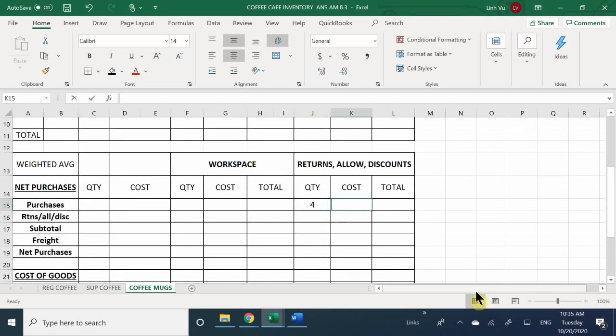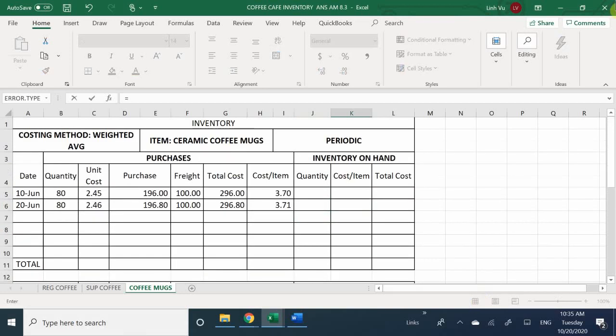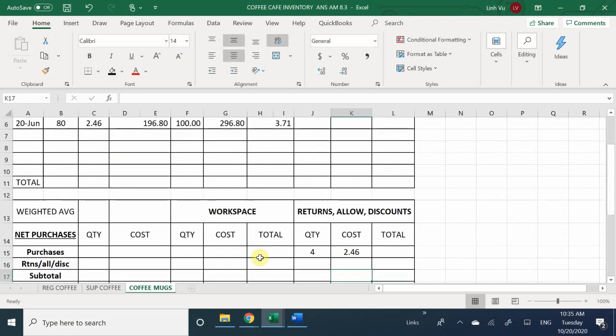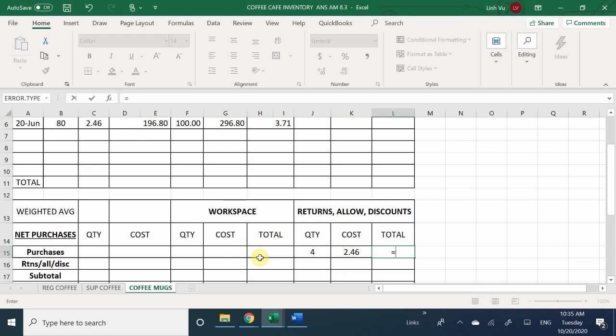So 246 is what I'm going to be refunding for. I'm just going to copy it from above here. Can you calculate how much I'm going to get as a full refund? $984.